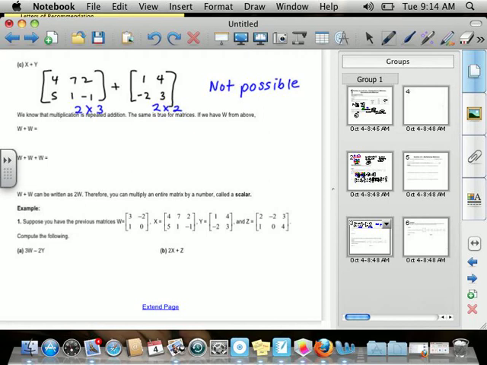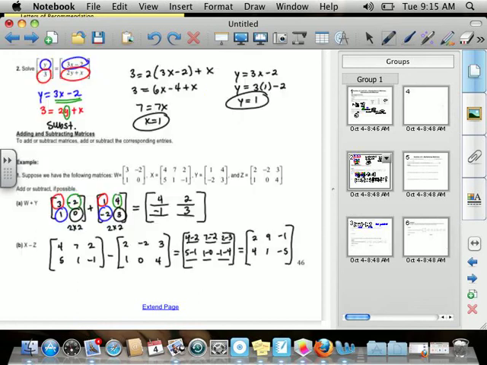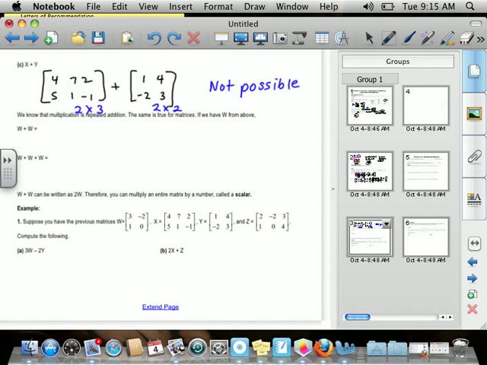All right, so we know that multiplication is repeated addition. So this is true for matrices as well. If we have W from above, so W was 3, -2, 1, 0, and I add it to itself, so 3, -2, 1, 0, you end up with 6, -4, 2, 0.